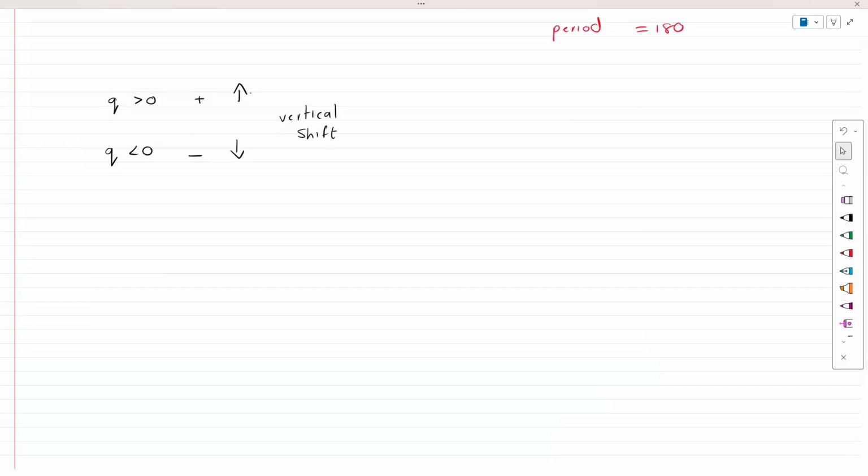The problem is A. Now A is a little bit more difficult to deal with because A has different parts, like the values of A. If A is greater than 0, graphs are going to look a little bit different. Let me go and show you what I mean.